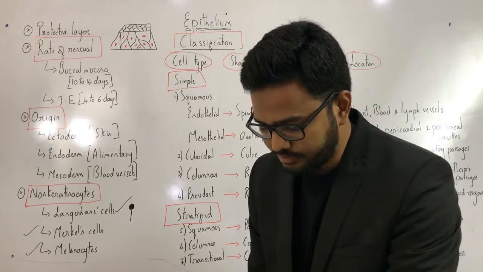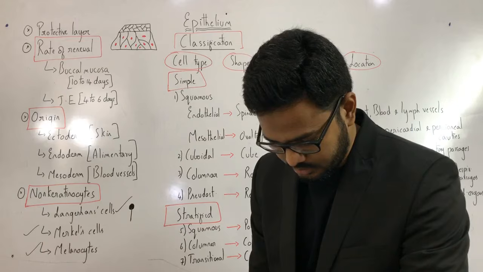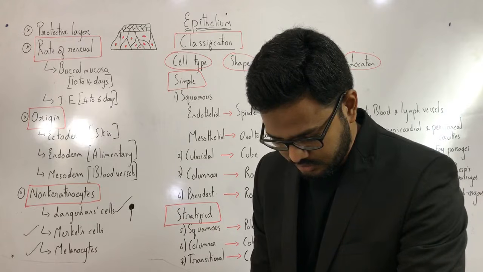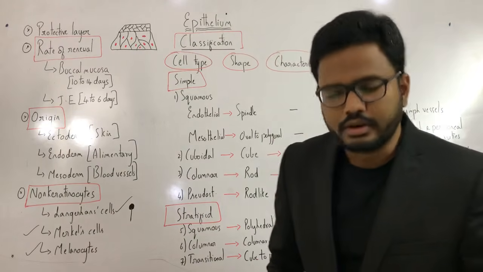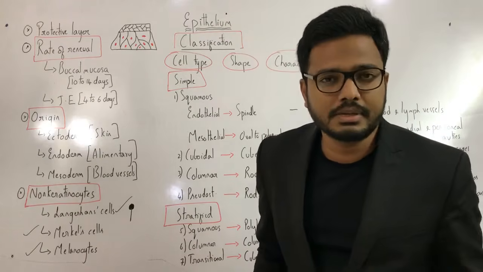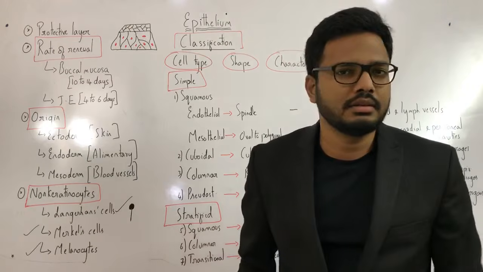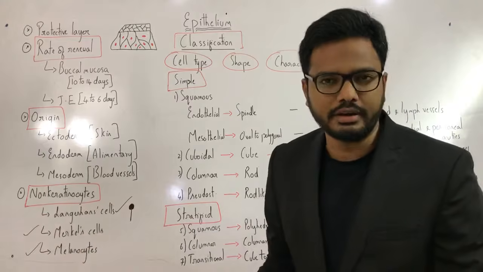So what is the function of these Merkel cells? Good. Sensory. So Merkel cells act as touch receptors. They are present in the stratum basale layer. You can just make a note or add that point here, right?